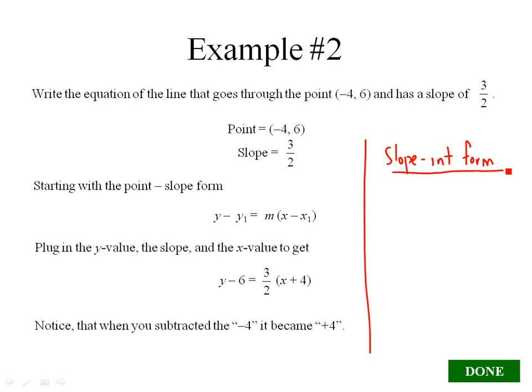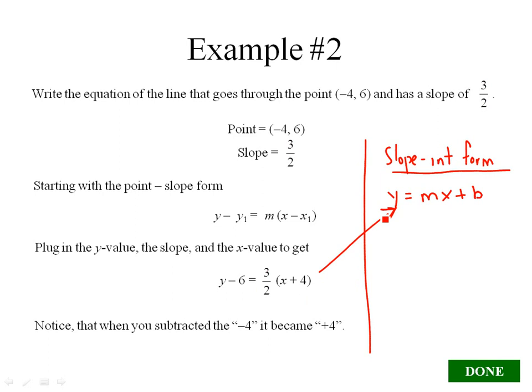So it's very important that you recognize the differences in each formula, and you know when you should use each formula. So here the slope-intercept form is y equals mx plus b. That's basically when y is on one side by itself. And we want to get this y minus 6 equals 3/2 times x plus 4 in this form. So we basically need to get y by itself.